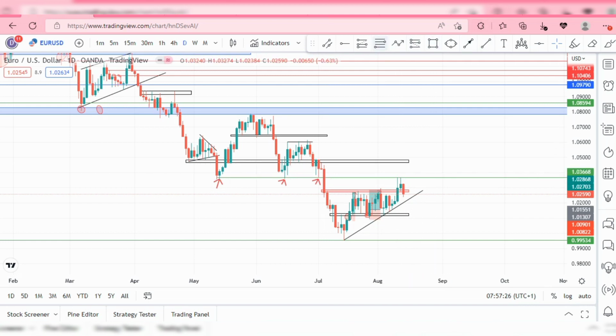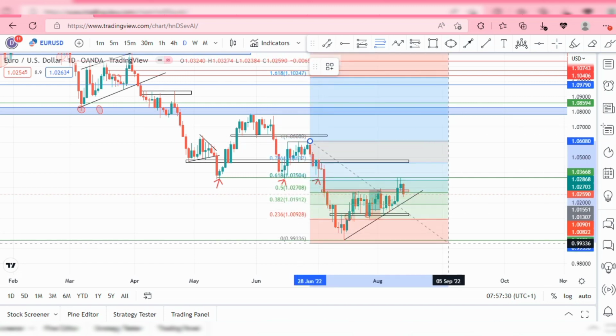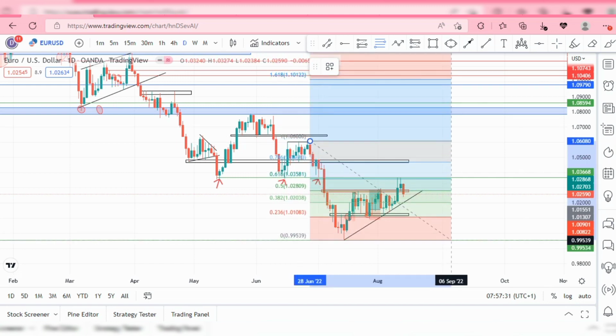Two is using our Fibonacci retracement from this swing high here to the swing low, we can see that that area falls perfectly at the 61.8 Fibonacci level. So that is also another strong indication that price could just retrace. This could just be a retracement, and price could just bounce from that level to the downside.